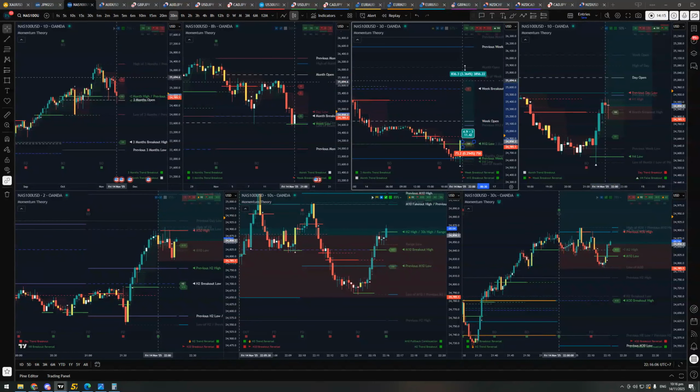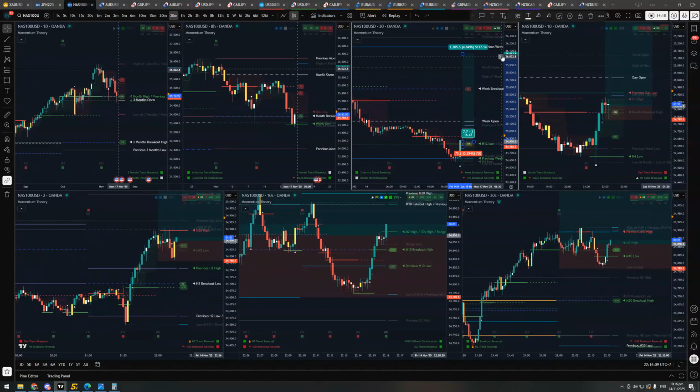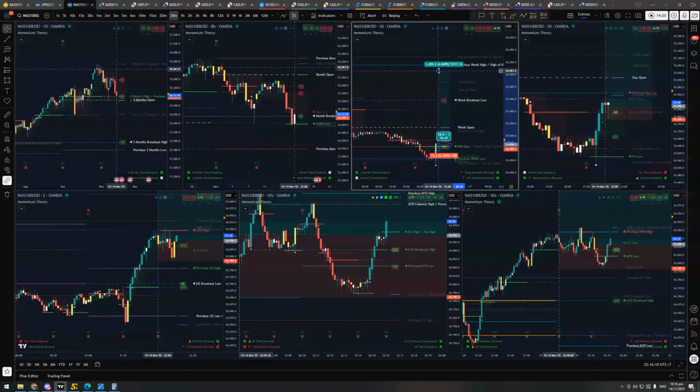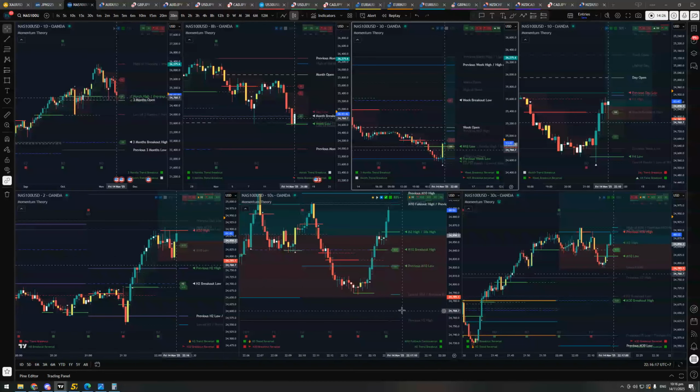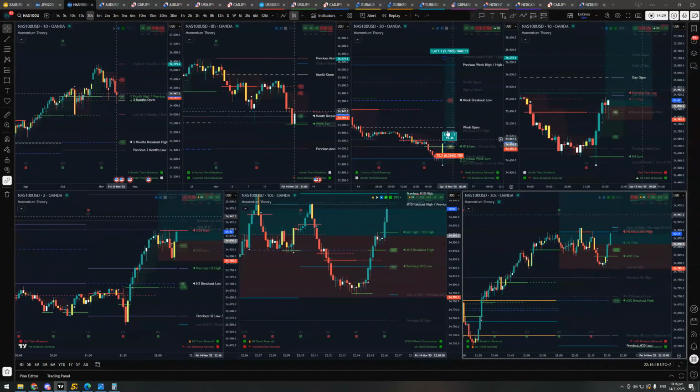Same style of entry. And I'm looking to take this to the previous month high as a final target. But there's so many levels in between. Probably look to get in on to take some profit at these levels.